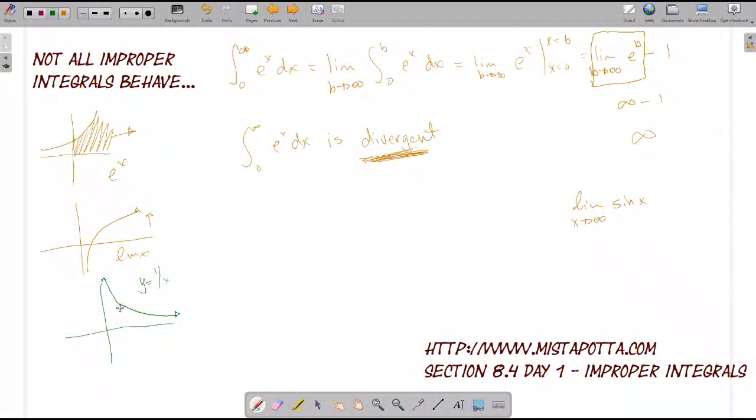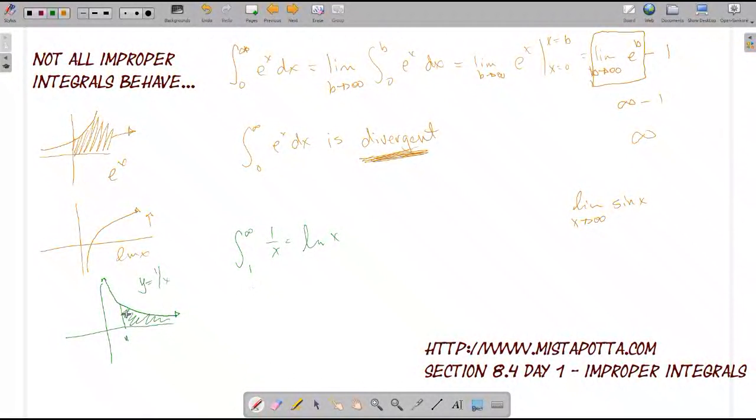And so I can certainly talk about the area from 1 on as being the integral from 1 to infinity of 1 over x. But we saw that we got natural log x out of that. And so this is not going to work.